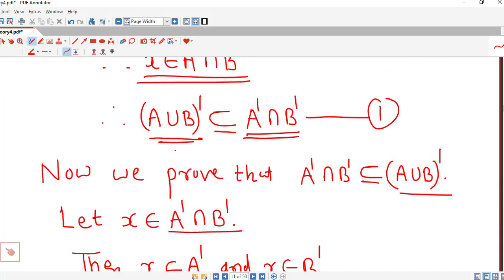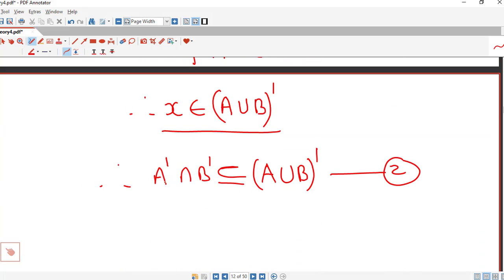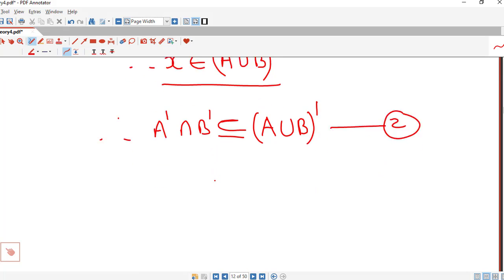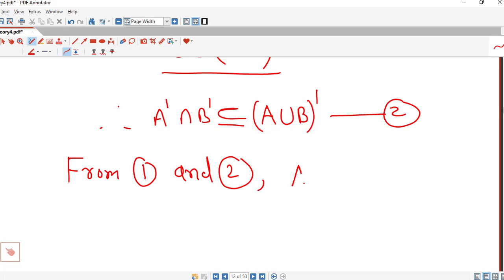So in number 1 we show that complement of A union B is a subset of complement of A intersection complement of B, and here we have shown that intersection of A complement and B complement is a subset of complement of A union B. So because both the sets are subsets of each other, we can say that they must be equal. Complement of A union B is equal to A complement intersection B complement.